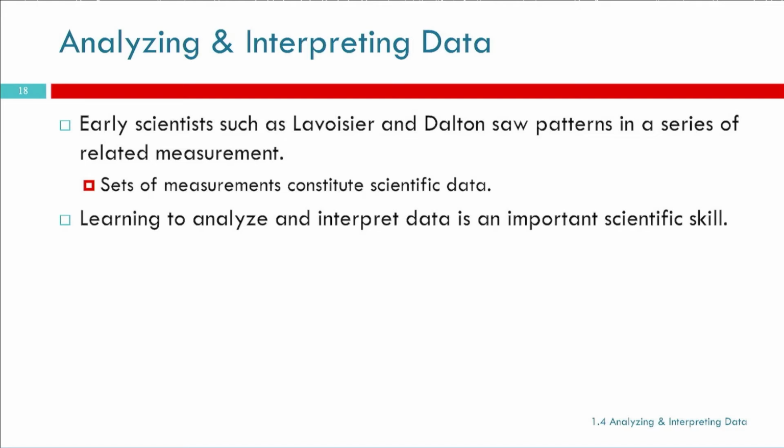Let's say you try even driving downhill at different gradients. The steeper the hill, you might find the better your gas mileage is. And so learning to analyze and interpret data is one of the most important scientific skills. Because you can go out and collect data, but if you don't understand what any of the data means, what's the point?